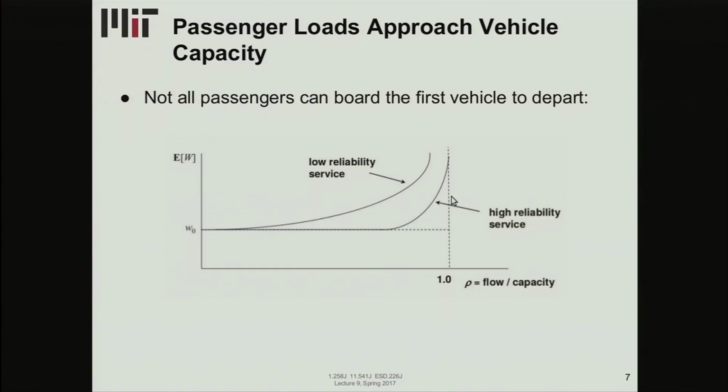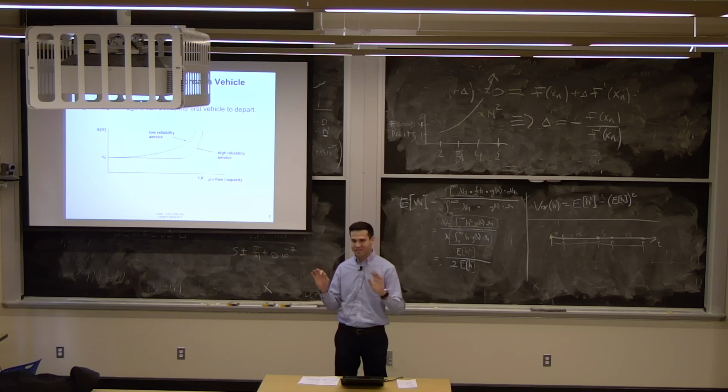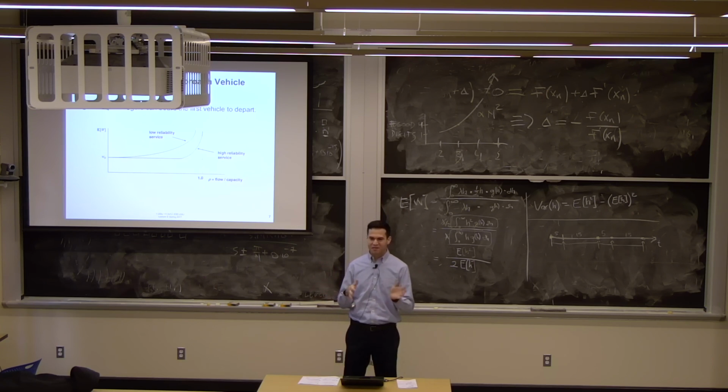So as rho equals 1, let's say that you are providing a bus service with capacity for 100 people per minute. Okay, that's pretty high. And then your demand equals 100 people per minute. So if people are arriving uniformly, you might just provide a capacity for everyone and nobody's being left behind, right? But that doesn't happen because people arrive randomly.